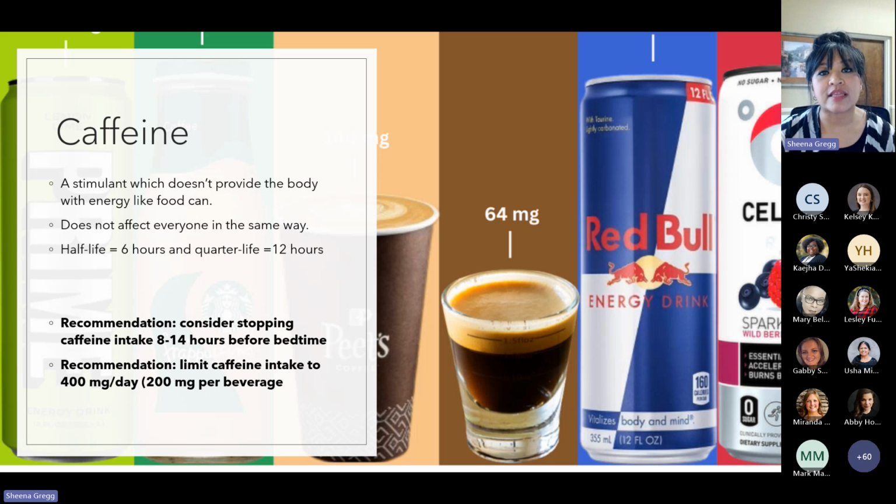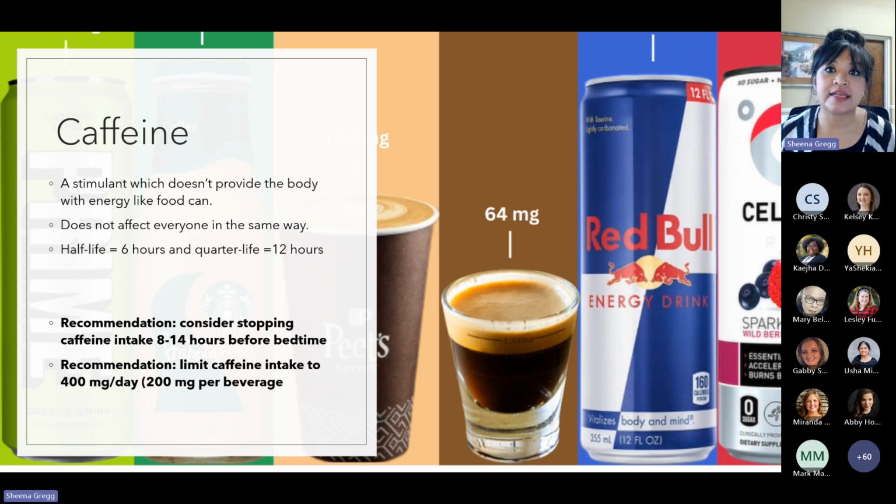And so when we start thinking about trying to fall asleep at night, I think a good rule of thumb would be to try to consider stopping caffeine anywhere between 8 to 14 hours before bedtime, depending on your own known sensitivity to caffeine. Maybe your window does not need to be as large.